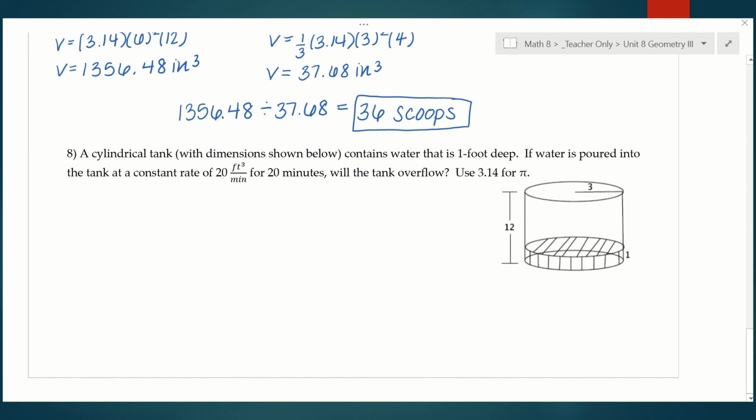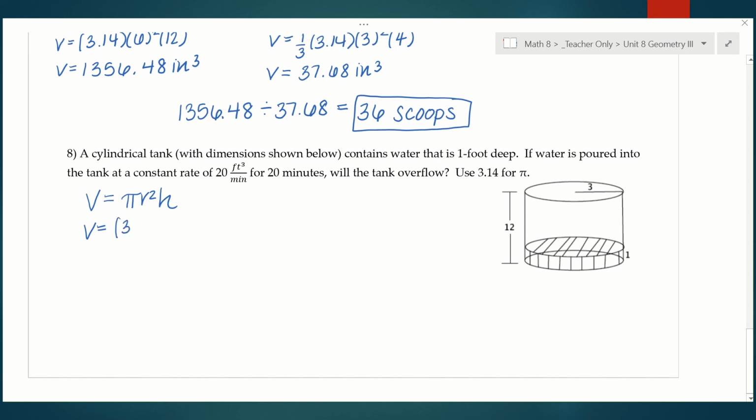The first thing we should figure out is how much more water that tank can hold. It already has a foot deep worth of water in it, so let's figure out how much more can fit. Again, this is a cylinder, so we're going back to our cylinder formula.